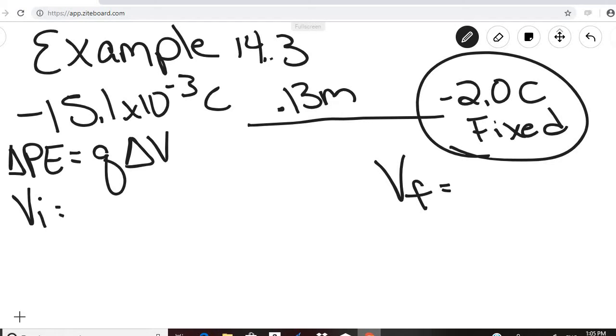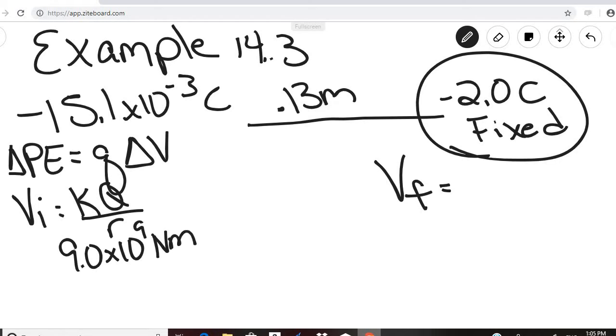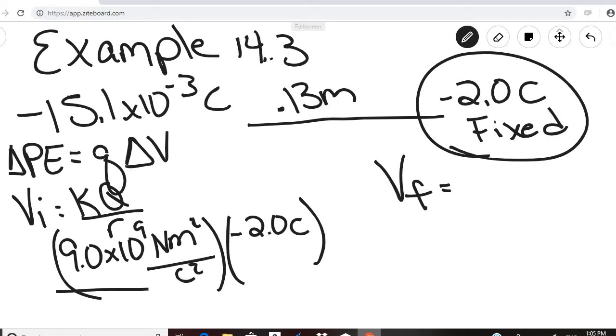VI is going to be equal to K times Q divided by R. So 9.0 times 10 to the 9th Newton meter squared over Coulomb squared times the fixed charge, negative 2.0 coulombs, and then R will be the distance that they were originally apart. That's 0.13 meters.